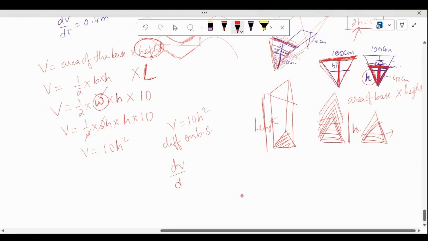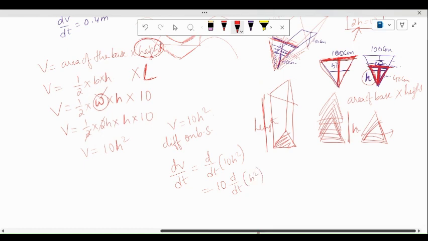So dV by dt is equal to the differentiation of 10H square. 10 is a constant, so it comes outside, and d by dt of H square.